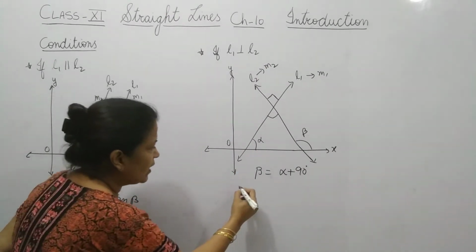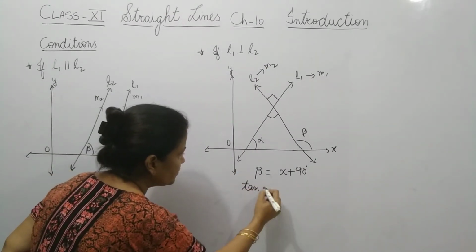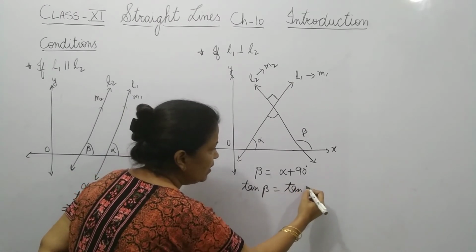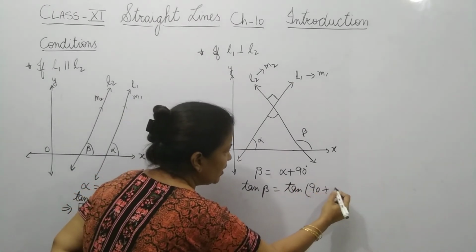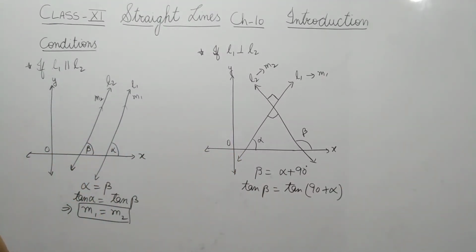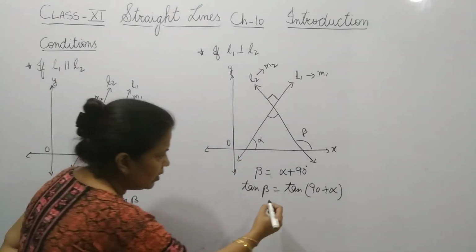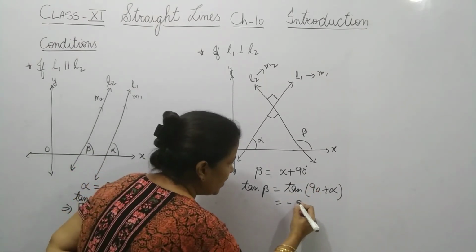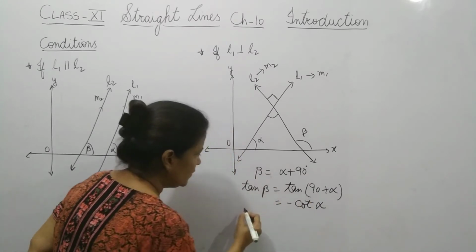Now take tan on both sides. Tan beta equal tan of 90 plus alpha. Now this is equal to minus cot alpha.